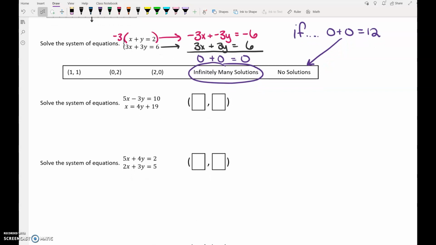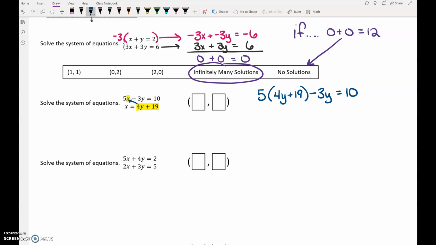This one is perfectly set up for substitution. X equals 4y plus 19, so we're going to put that in place of that x. So 5, instead of the x, we'll do parentheses 4y plus 19, and then continue with minus 3y equals 10.